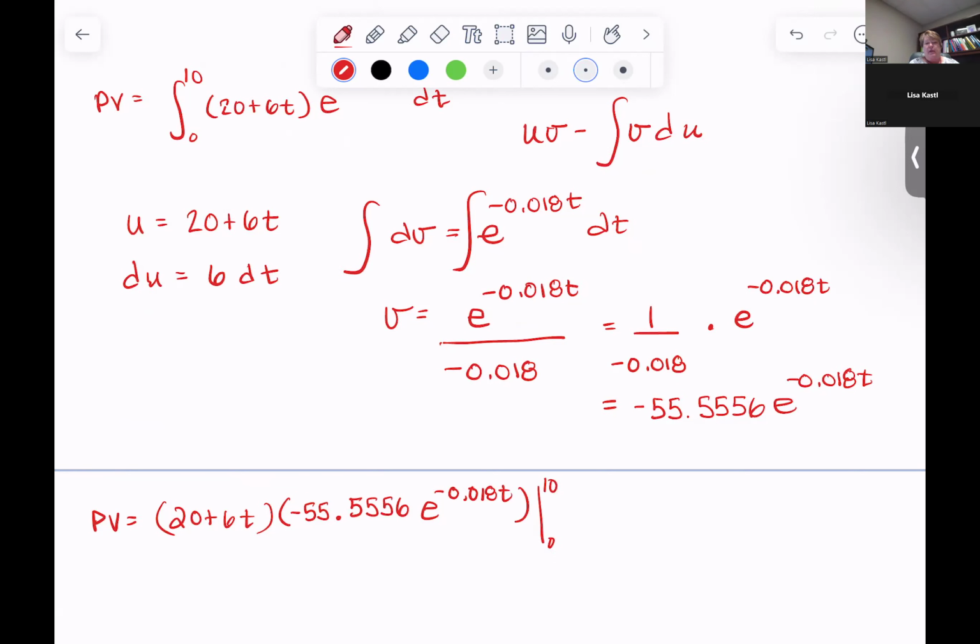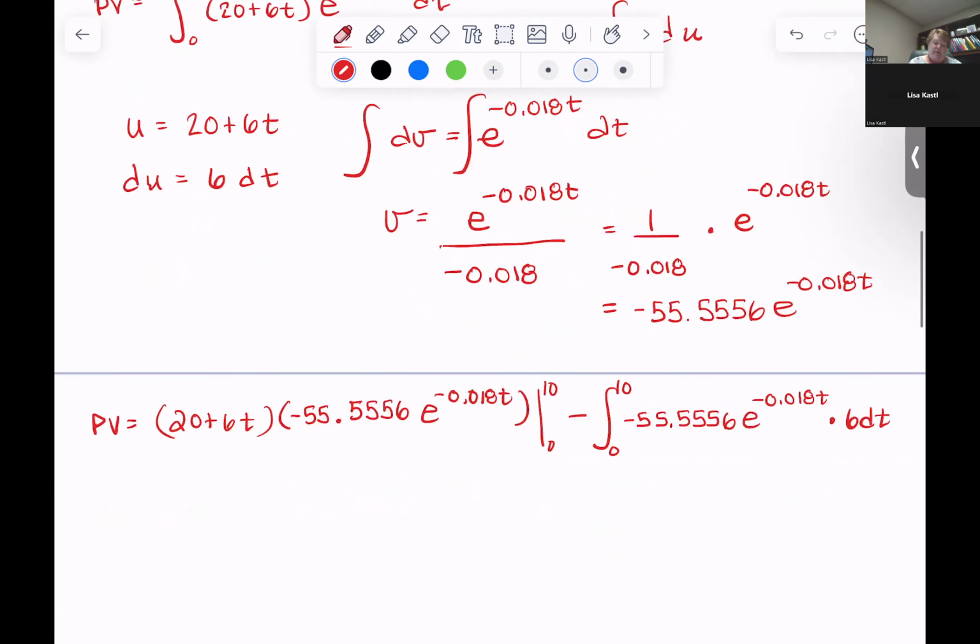Then we're going to subtract the integral from 0 to 10 of v, which we found to be negative 55.5556 e to the minus 0.018t times du, and du is 6 times dt.